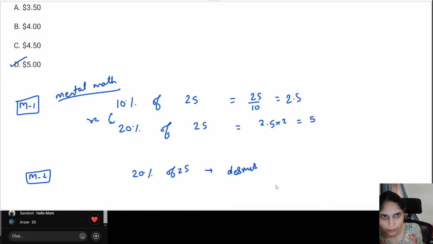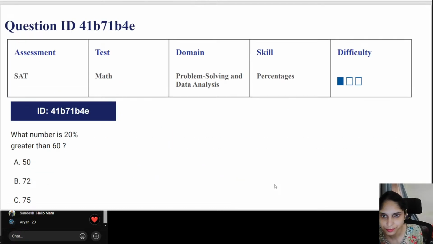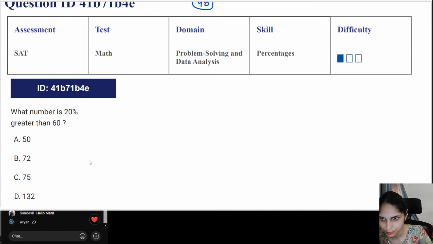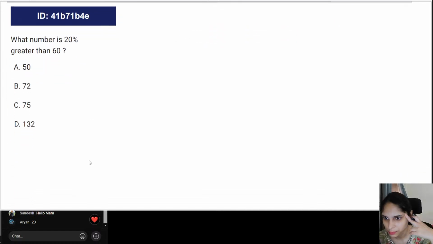Next one is question number 48. What number is 20% greater than 60? Okay, so it has to be 120% of 60.